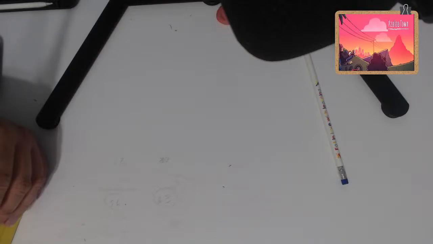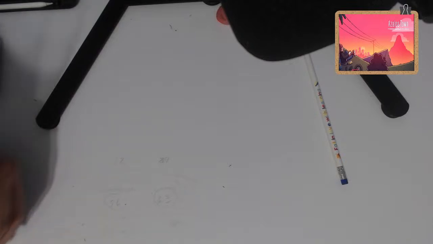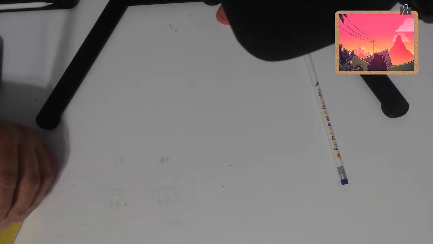W-E. So W-E, D-G-E. How do you spell wedge? W-E-D-G-E.